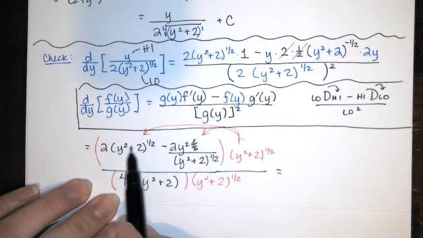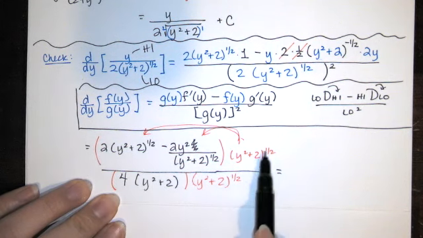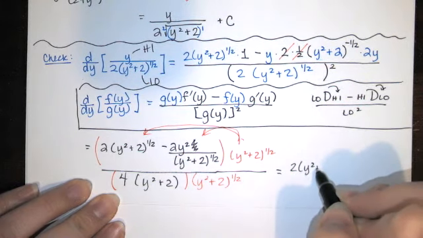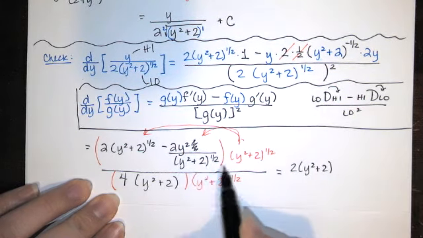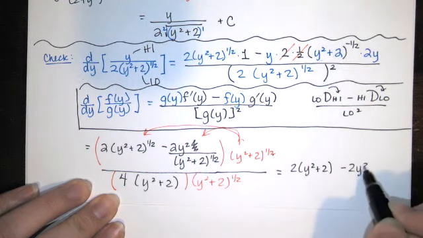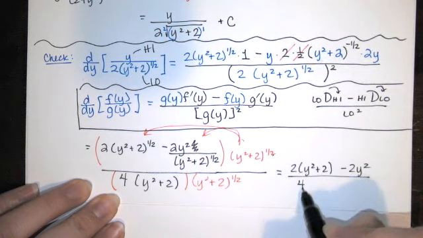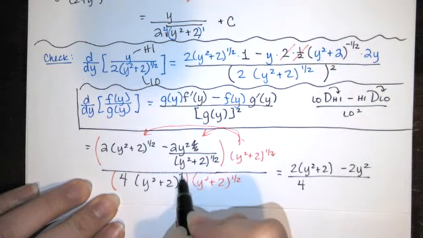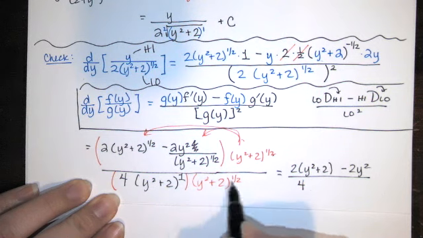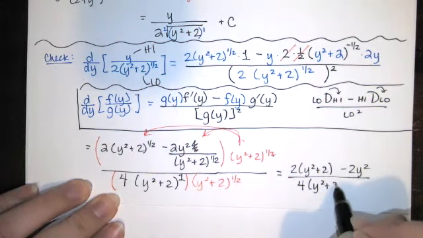Now I have 2 times y squared plus 2 to the 1/2 times y squared plus 2 to the 1/2. Add the exponents, so that's 2 times y squared plus 2. Here, when you distribute, these guys are just going to reduce. And so you'll have a minus 2y squared. And then down here, you've got 4, and that's a y squared plus 2 to the first times a y squared plus 2 to the 1/2. Add the exponents.